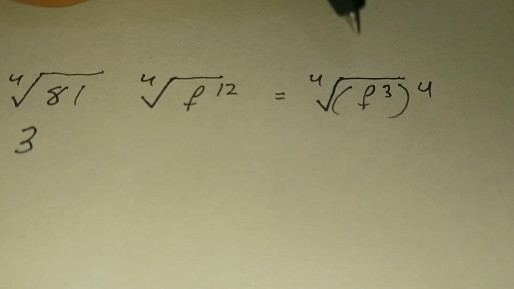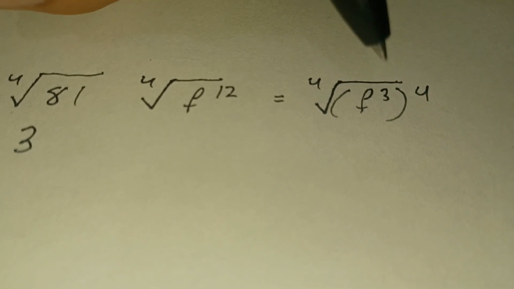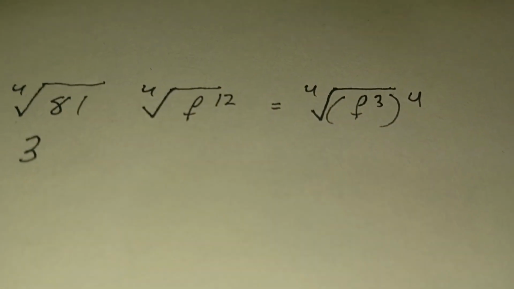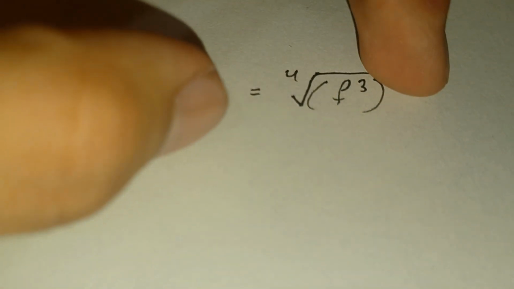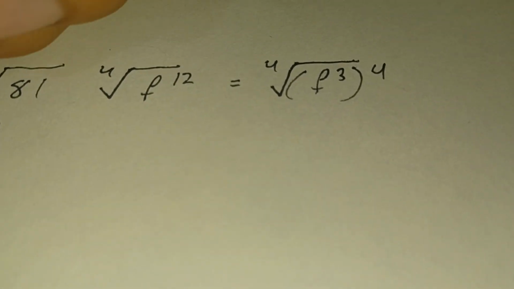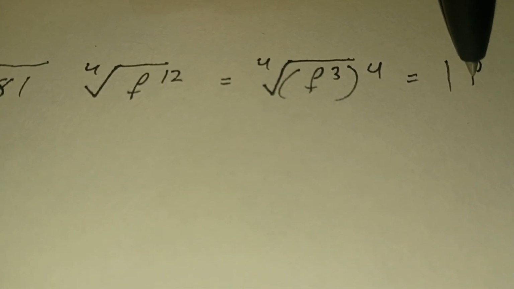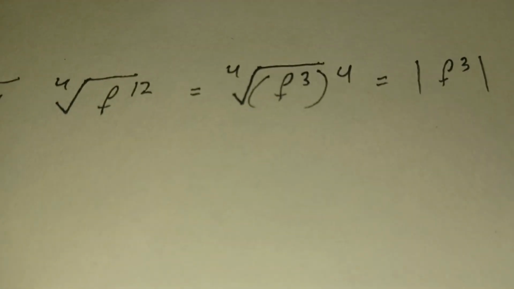So we have f to the third power, in parentheses, raised to the fourth power, under the fourth root. We have a number 4 here and a number 4 there. It's even, so that means this equals the absolute value of f to the third power.